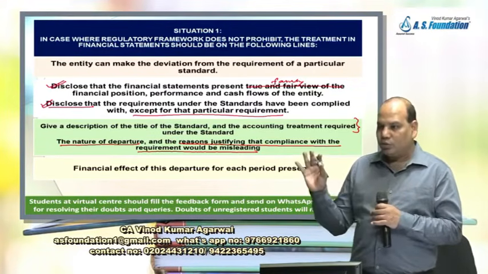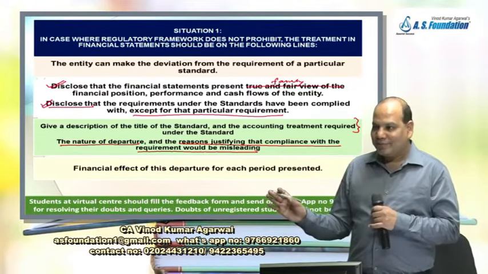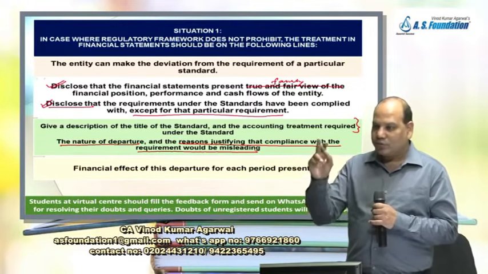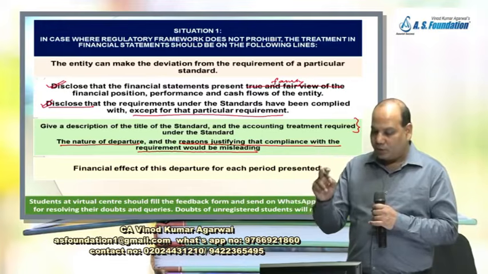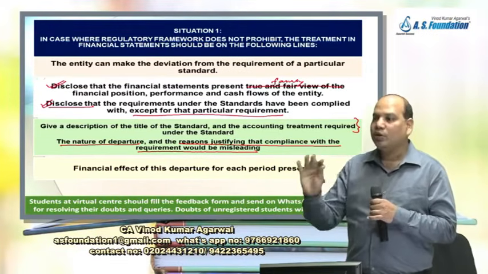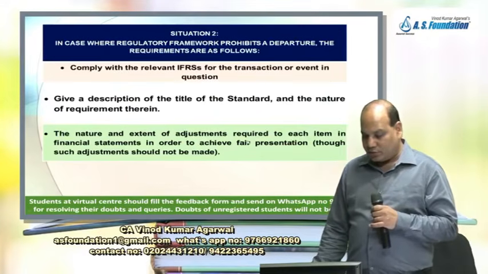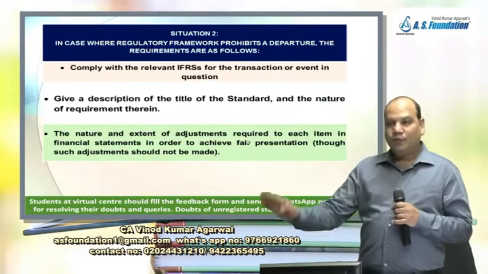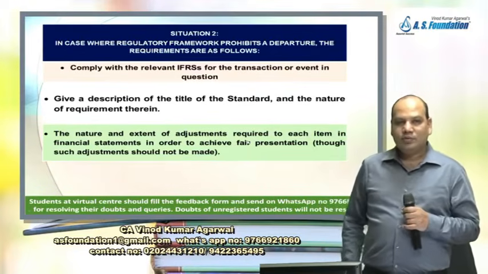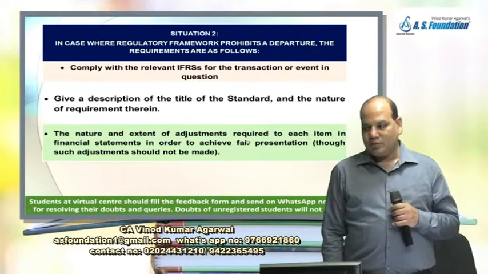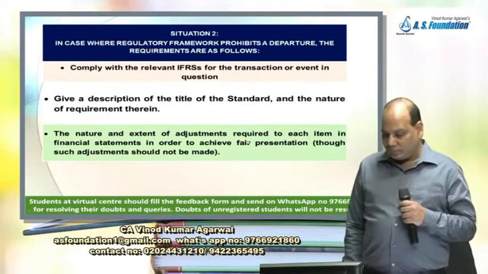If you are willing to do so much compliance, then you can deviate, provided the regulatory framework does not prohibit deviation. But if the law of the country says that companies have to follow IFRS without any single deviation, then you can't deviate.